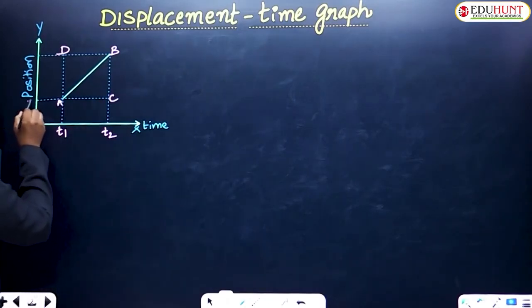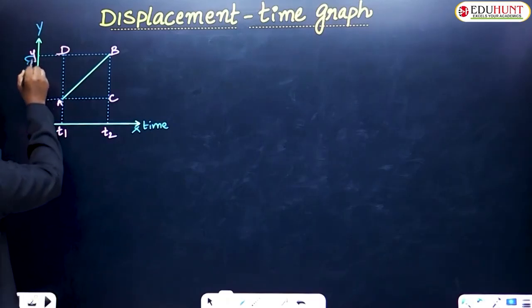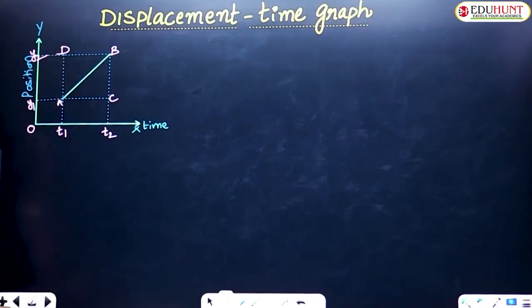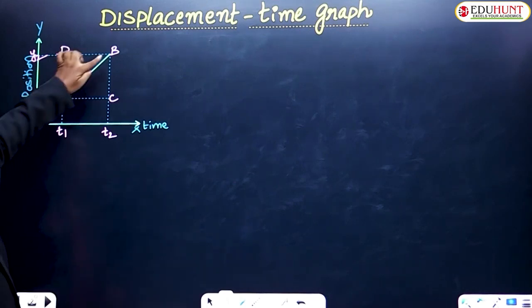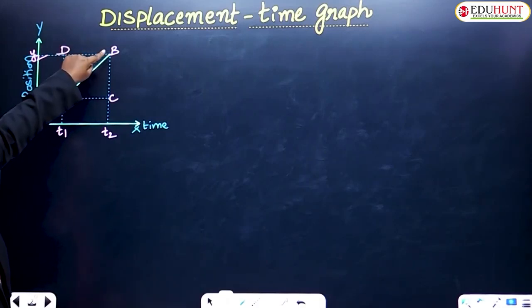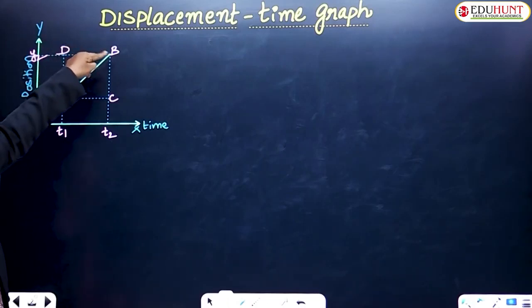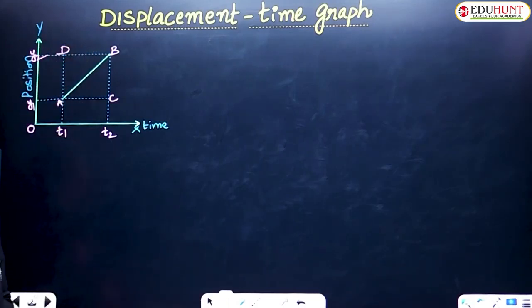And this initial position on the y-axis, let me represent it y1, and the final position y2. So if you observe the point A, its position was y1 during the time t1, and at point B, its final position, which is named y2, during the time t2.